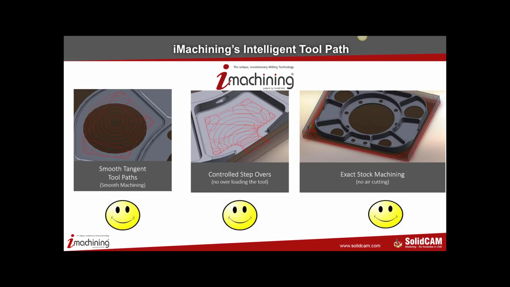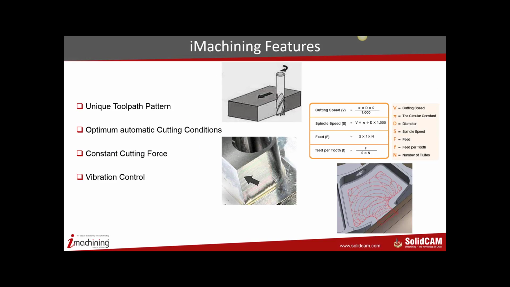If I summarize the main features of iMachining, we've got a unique toolpath pattern. We generate optimum automatic cutting conditions. Based on the above two points, we generate constant cutting force, and we are the only solution currently in the market today that can predict vibration and chatter even before you take the toolpath down to your machine.